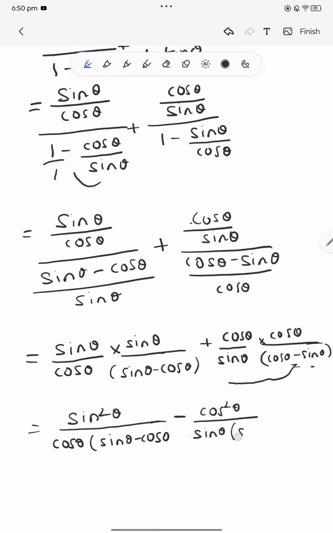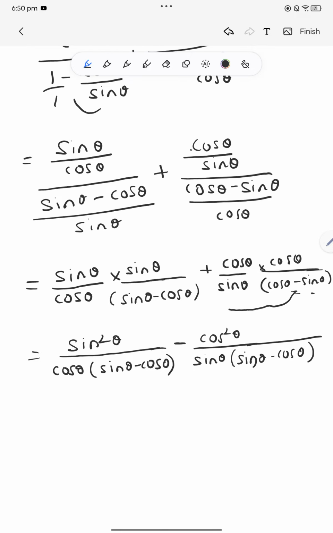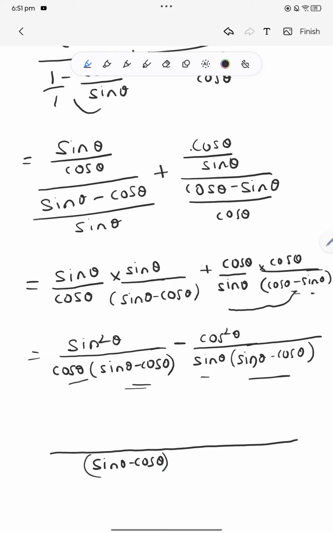This becomes sin theta minus cos theta. Now see, now what you will solve by taking LCM. What is the LCM? In both the cases, sin theta is common, sin theta minus cos theta. So here cos theta is there, here sin theta is there, cos theta into sin theta. Now how to solve?